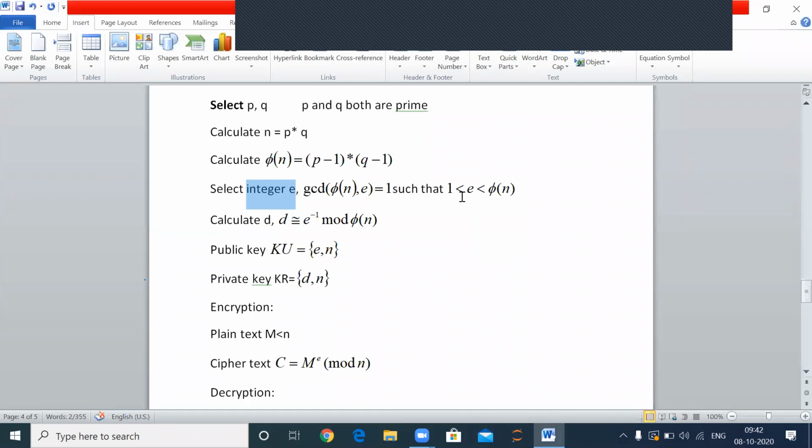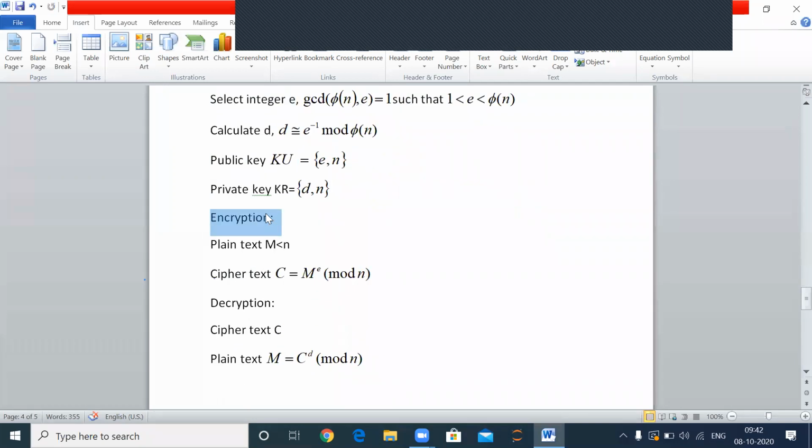In that way we choose the integer. After that we calculate the D value. D can be calculated as E power minus 1 mod phi of n. And these are the public key elements, E comma n, and private key elements, D comma n.